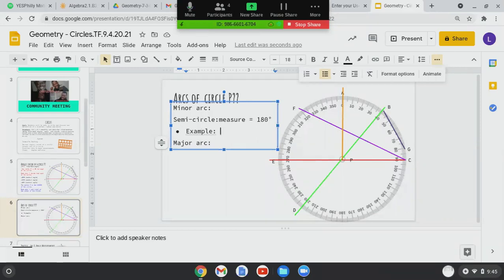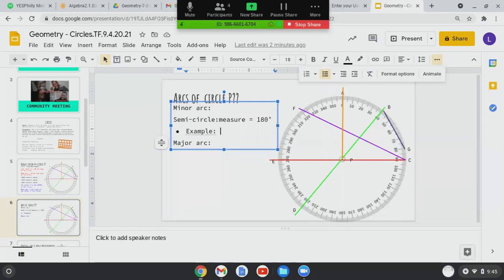Look at your old notes. Would the major arc be 360?